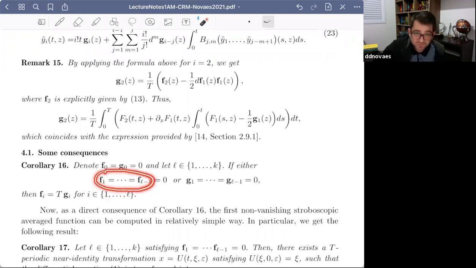If this sequence of functions vanishes, then this sequence of functions also vanishes. And the next one, FL, coincides with T times GL.